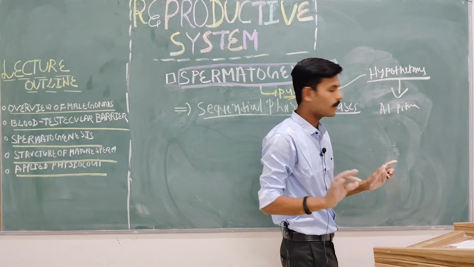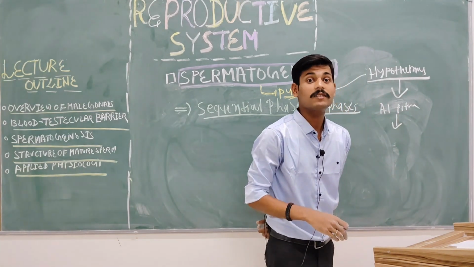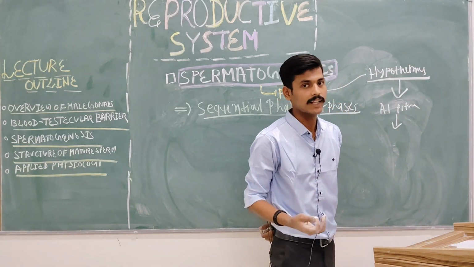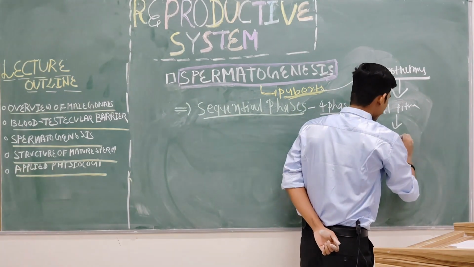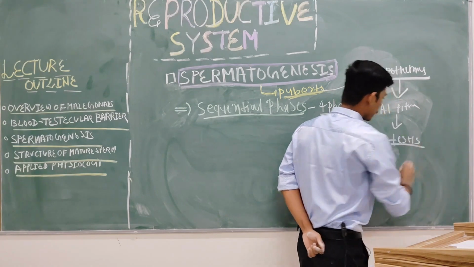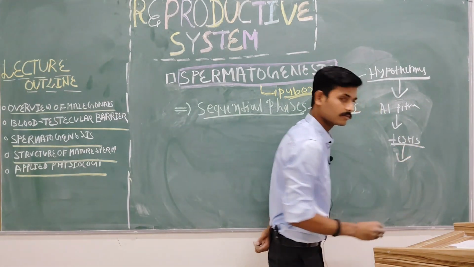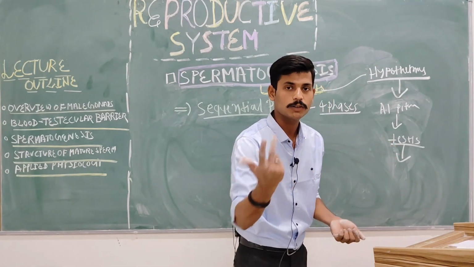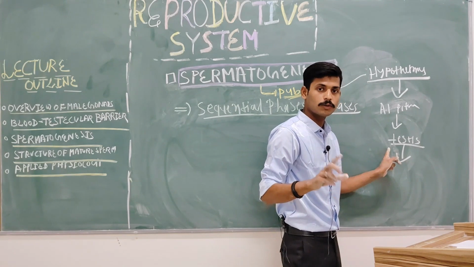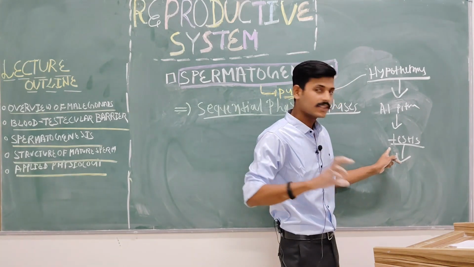Fine. No problem. This anterior pituitary influences whom? Yes, your gonads, that's your testis. Testis further stimulate two things. In the testis we understood there is a presence of seminiferous tubules.